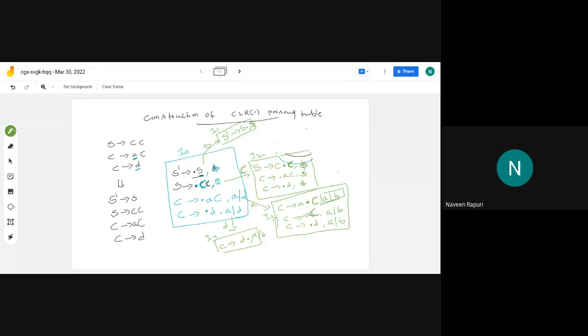So the next one is S derives C dot C, comma dollar.